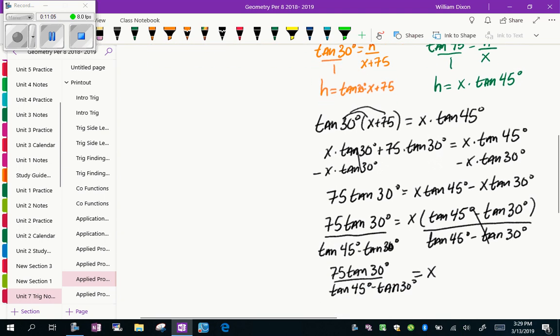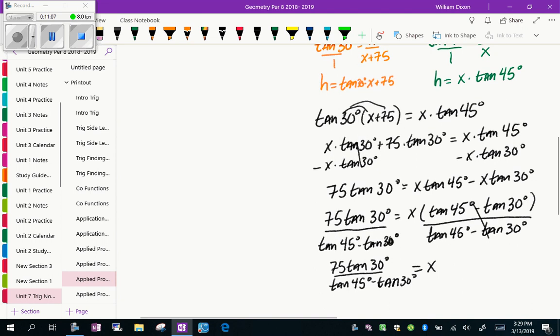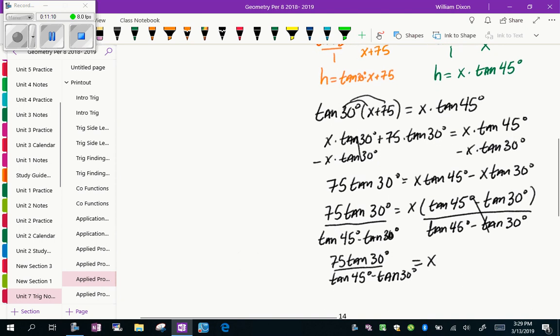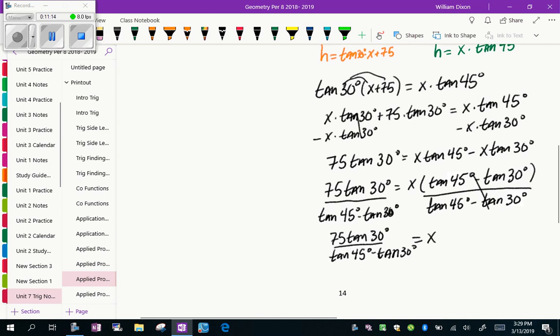Okay, now remember, I can take that and substitute it back into one of my equations. I'm going to choose the brown one, the first one. I can choose the green if I want, but the brown one sets up nicely for me. So that brown equation was h equals, and that's my end goal, I want to find h, equals x times the tangent of 45 degrees. Okay, well, I know what x is now, so I'm going to sub that in.